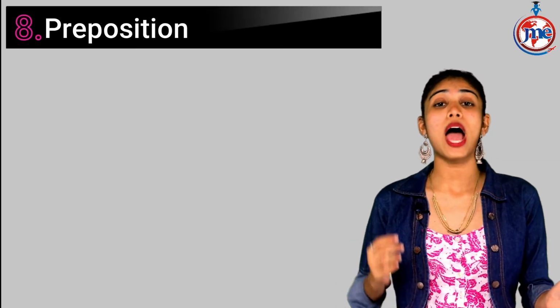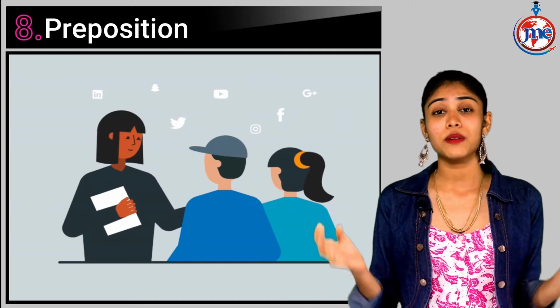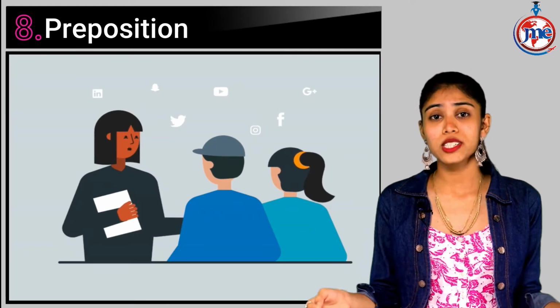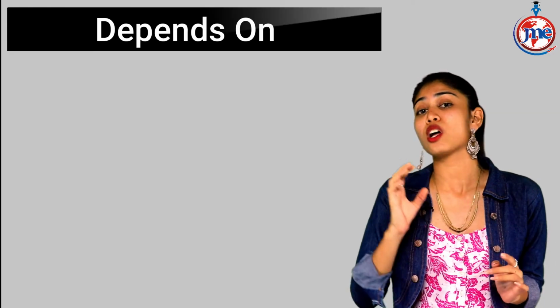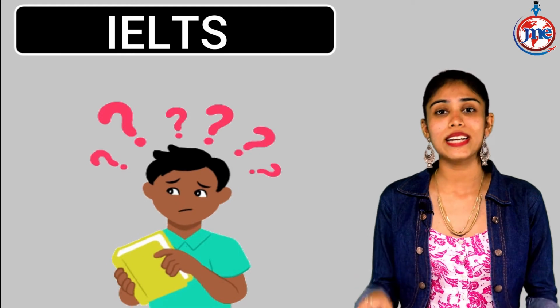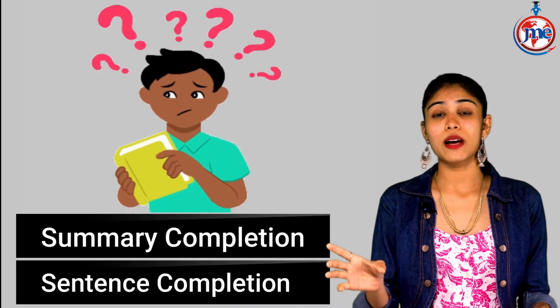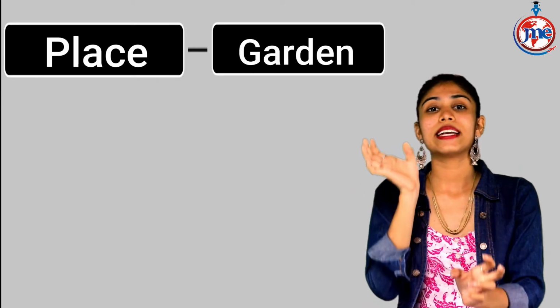Now let's see point number 8, which is about prepositions. Now lots of students ask me, should we use prepositions? So students, that completely depends on your question types, because in your IELTS there are so many types of questions asked: summary completion, sentence completion, etc. Now for example, if it is like place and then dash, so you will write garden.